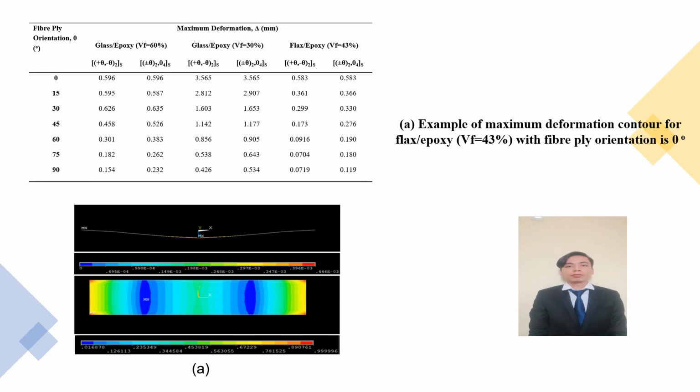This table shows the effect of fiber ply orientations on maximum deformation of glass epoxy with volume fractions of 60% and 30%, and flax epoxy.